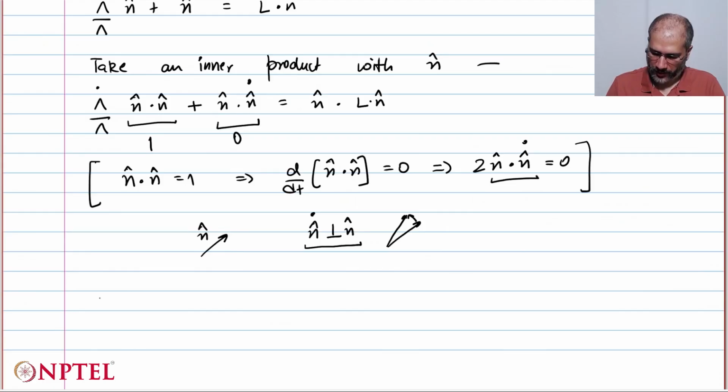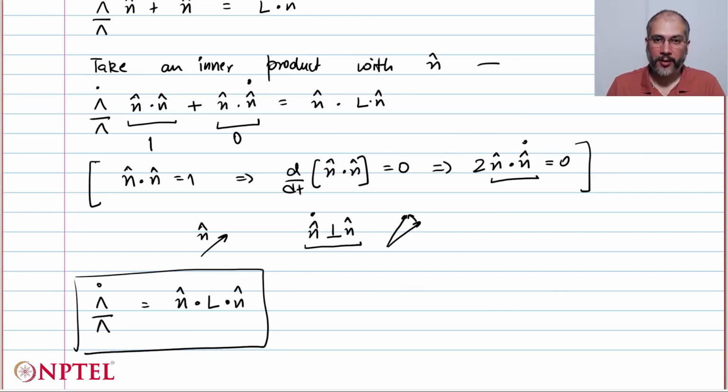So what we have is lambda dot upon lambda is equal to n hat dot L dot n hat. And this is something we were looking for.